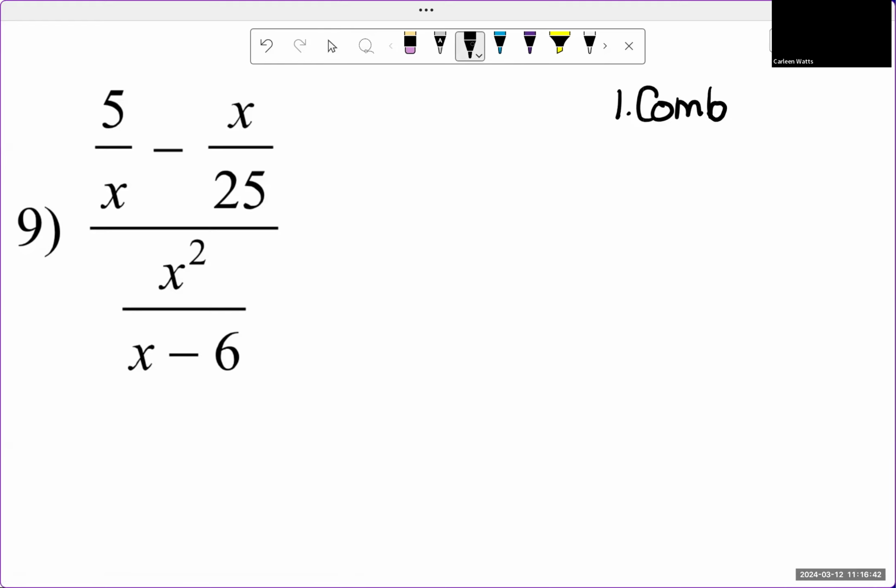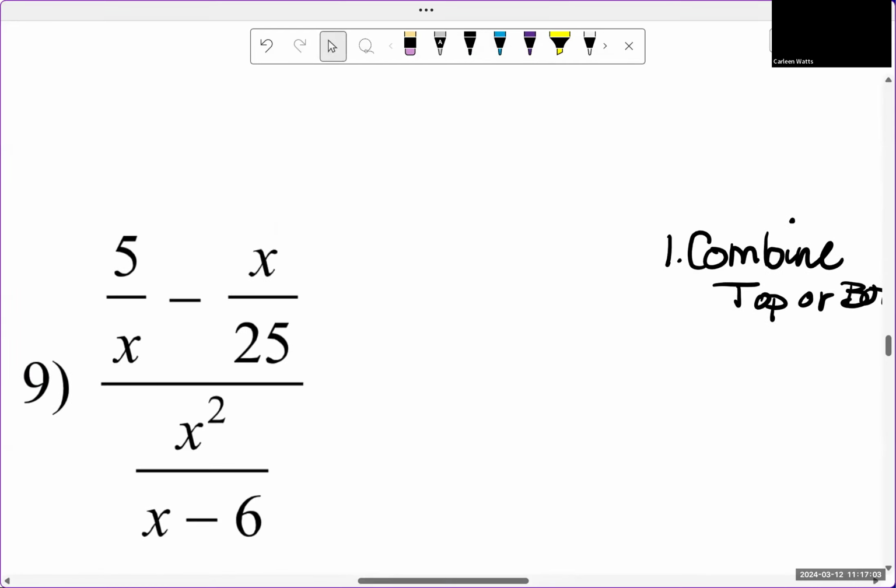Step 1, combine either the top or the bottom. Can you see that the bottom is ready? I don't have to combine it. The top, I'm going to have to combine into one fraction. So I need to combine the top. Let's focus on the top.